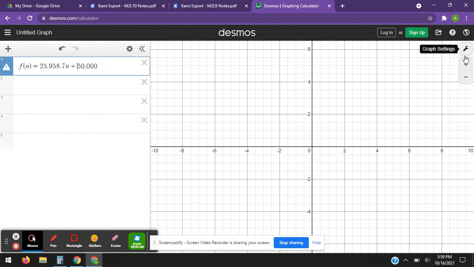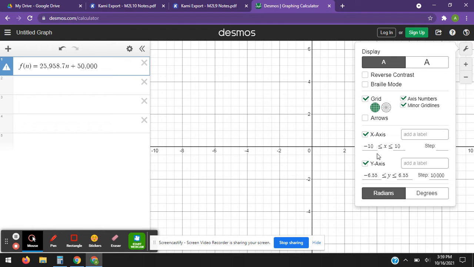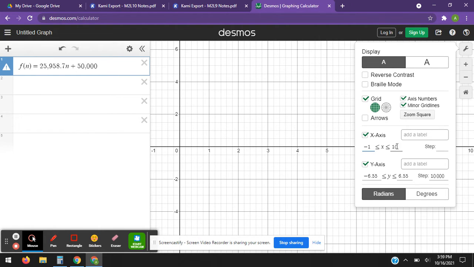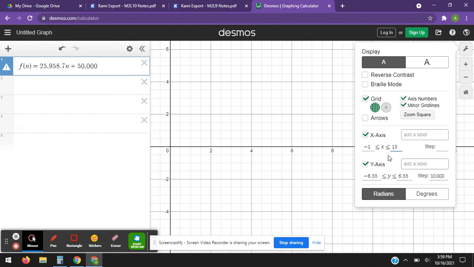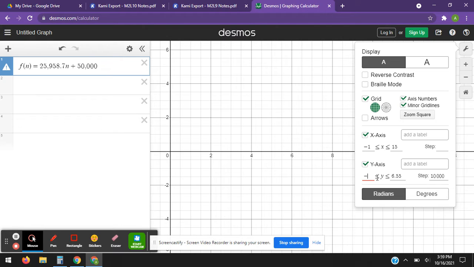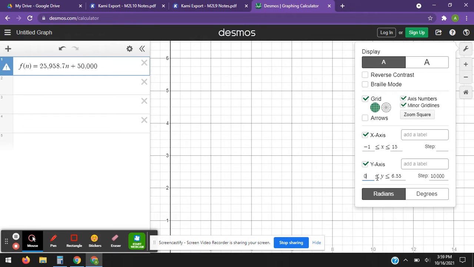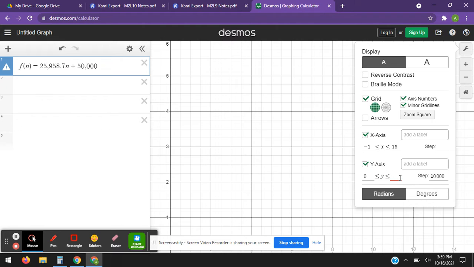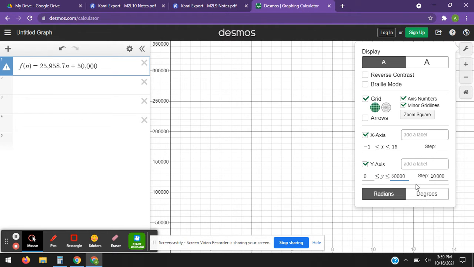And I'm going to switch my settings. So I want to go from -1 to, let's just do 15 to give us some space. And the y-axis, since we did 50,000s on our other one, let's go from 0 up to 350,000.